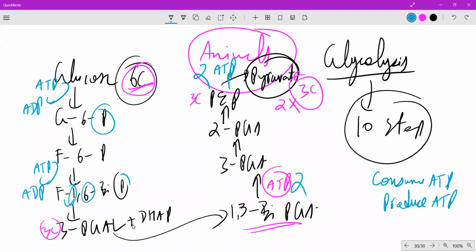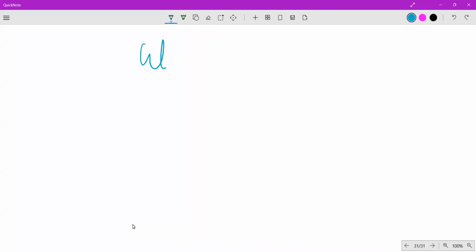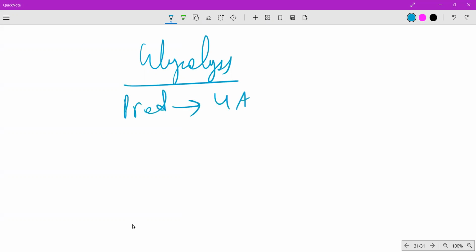तो टोटल प्रोडक्शन कितना है? 4 ATP का. टोटल कंजम्पशन कितना है? 2 ATP का. Consumption 2 ATP, production 4 ATP. So what is the net gain? Net gain we know is 2 ATP. We'll all see in detail later, don't worry. What I'm trying to tell you, कि जो glycolysis है, it produces 4 ATP and it consumes 2 ATP.